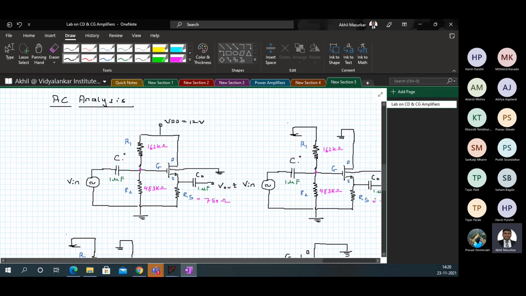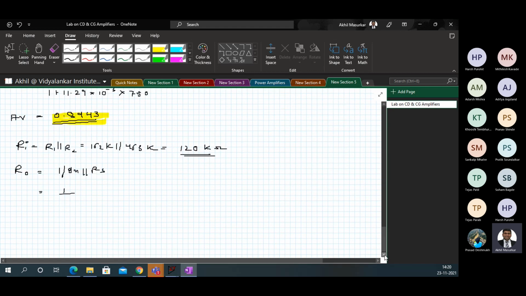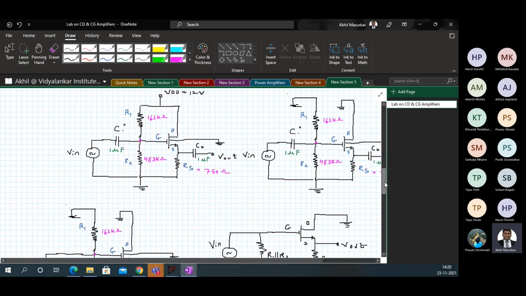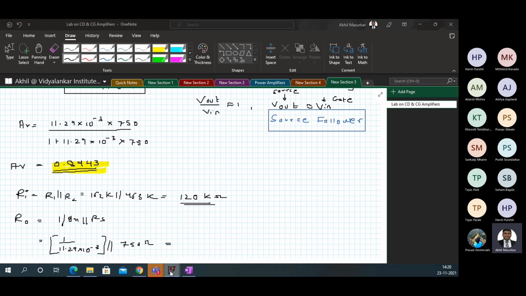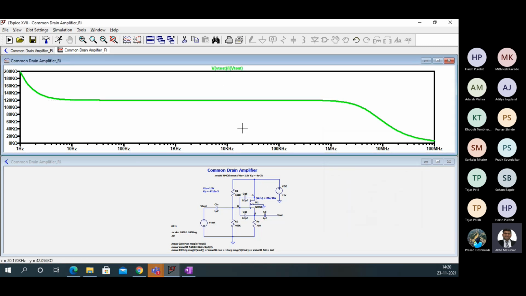So the value of Gm is 11.29 into 10 raised to minus 3. 1 upon 11.29 into 10 raised to minus 3 parallel with Rs, 750. So what is the value of R0? So now you can see the value of resistance, it's what we have calculated. So come on, plot this Ri.